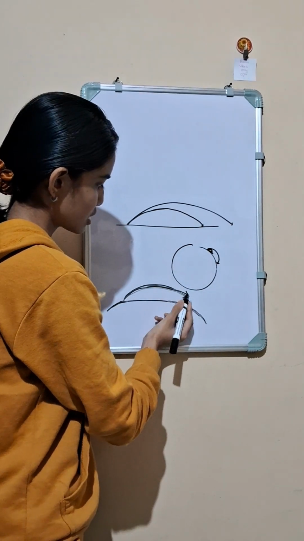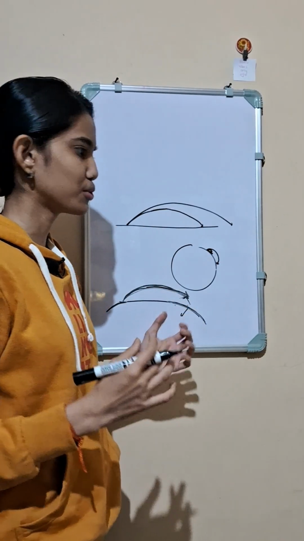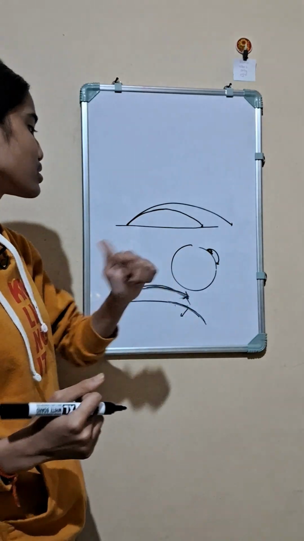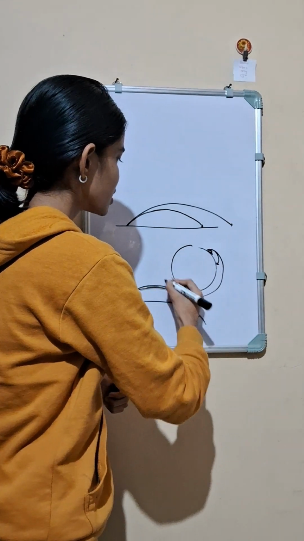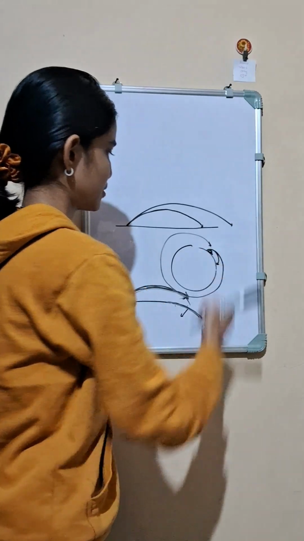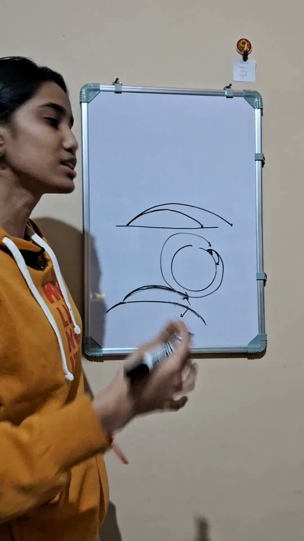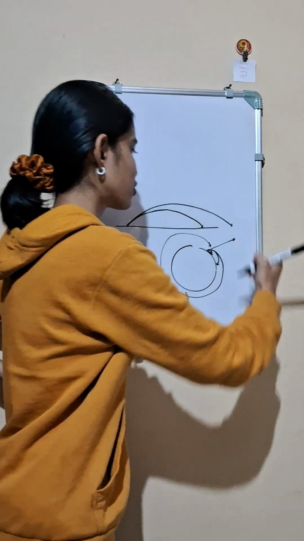I hope this is clear. You can see some animations to visualize it in a better way. So what is this velocity that the ball will just orbit the Earth? We will talk about it later, but first let's talk about the velocity to escape from Earth.